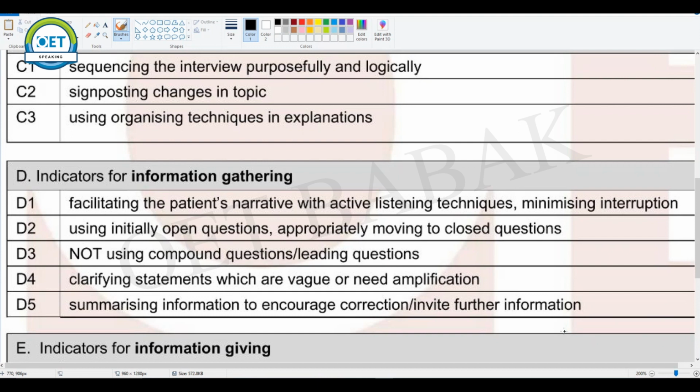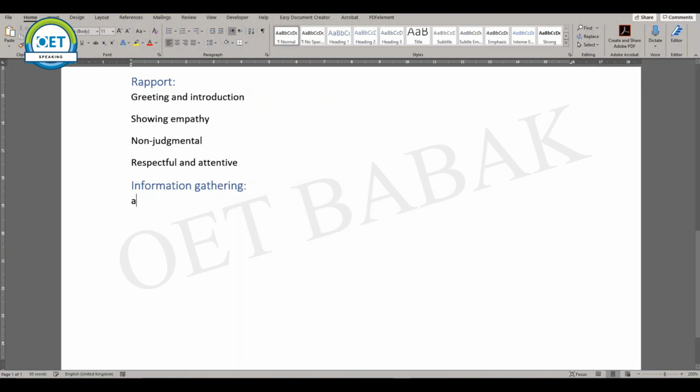Okay, so these two are so important. So if I want to say in a nutshell, information gathering is asking open and then closed questions, for the purpose of identifying and exploring patients' eyes.